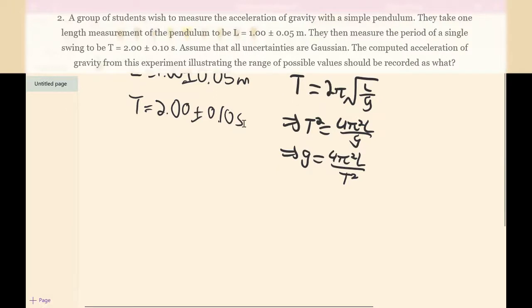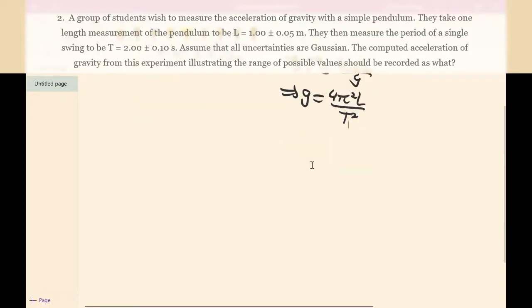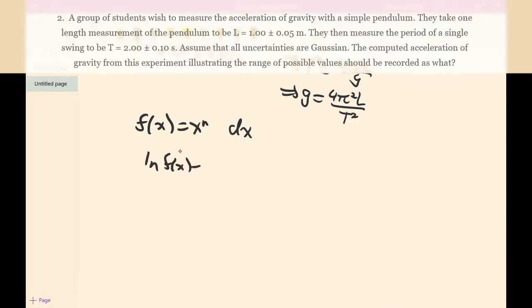First let's look at this 1 over T squared. If we have some function f of x equal to x to the n, and the uncertainty is dx, then if we take the log, we get log f of x equals n log x.